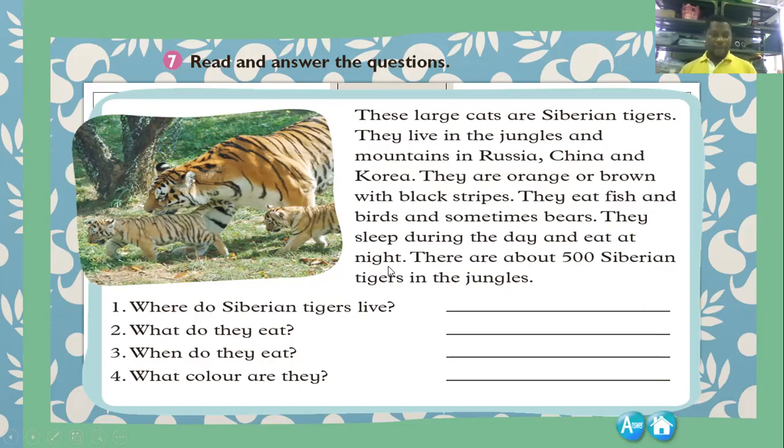That's great. Now let's look at question number 4. Says, what color are they? Okay. So here it says that they are orange or brown with black stripes. So that is their color. Repeat after me, everybody.